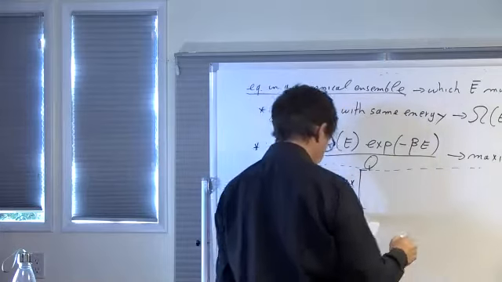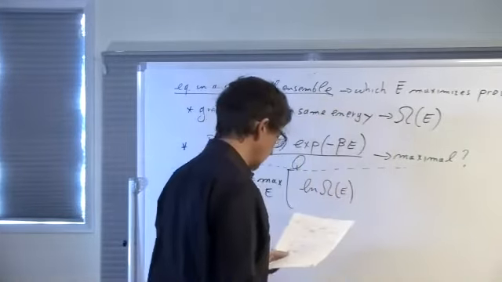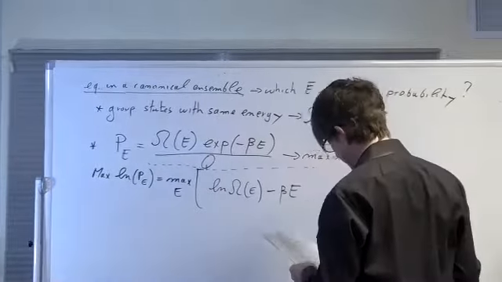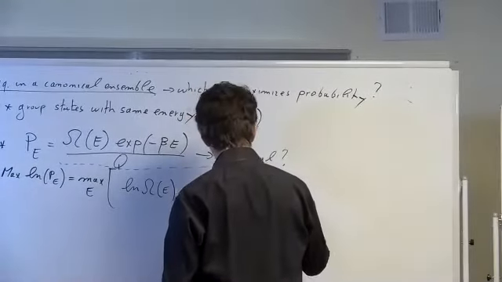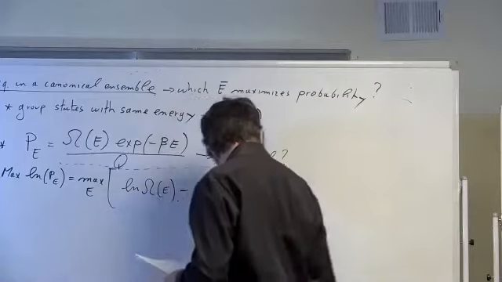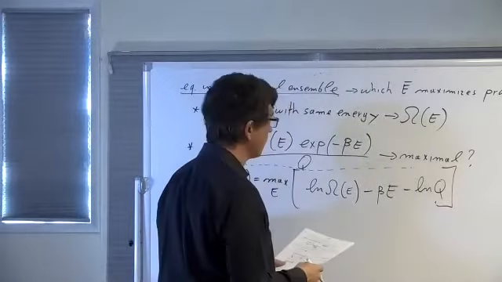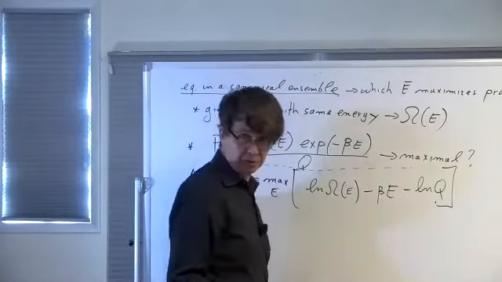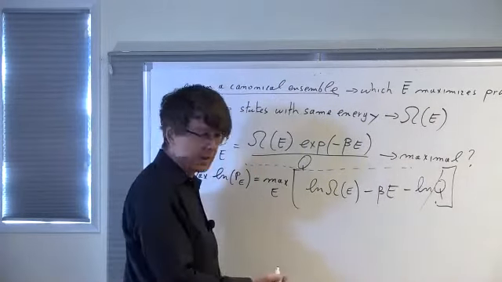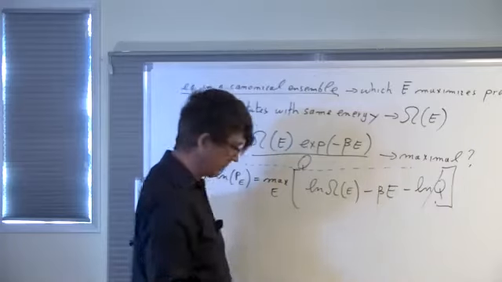Okay, so I get the log of omega. I get minus beta E, right? That's when I take the log of that. And then I get minus the log of Q. Q is a constant for a given ensemble, so it doesn't do anything to the maximization. So the only energy dependence sits in the omega and in beta.